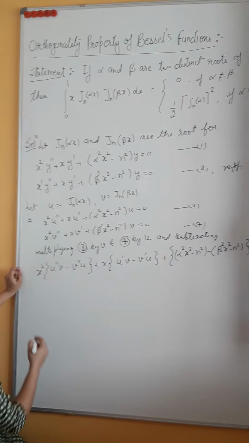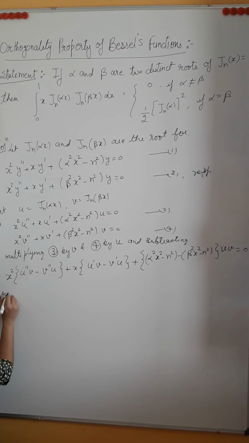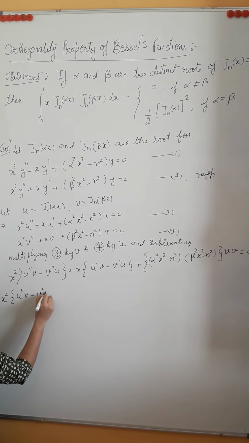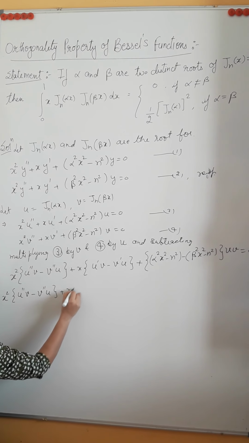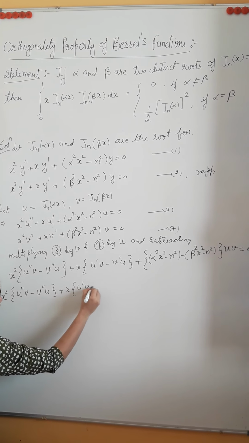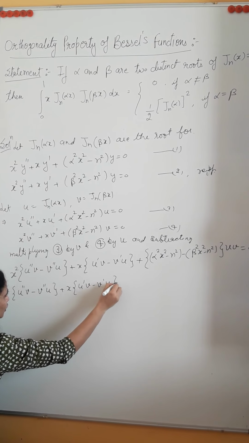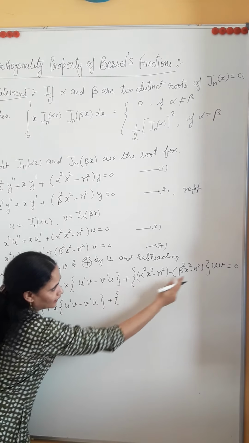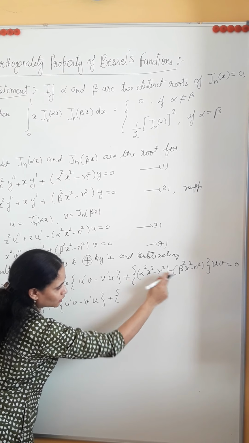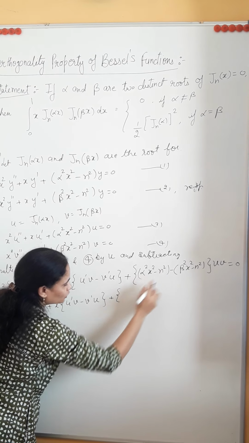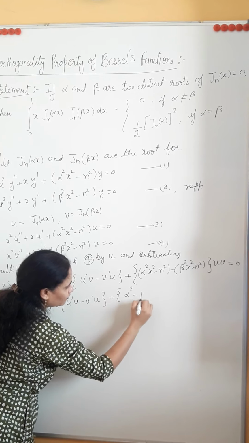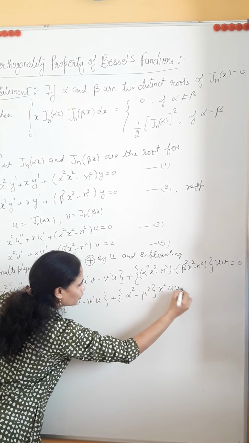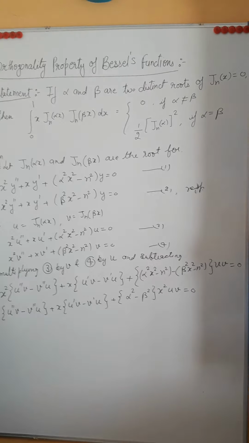So let's simplify this further: x square (u double dash v minus v double dash u) plus x (u dash v minus v dash u) plus, if we open the bracket there, n square will get cancelled because of the negative sign, and x square remains. So (alpha square minus beta square) x square u v is what we get after simplifying.